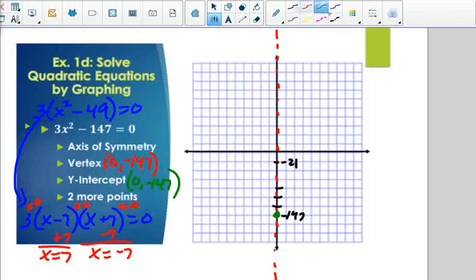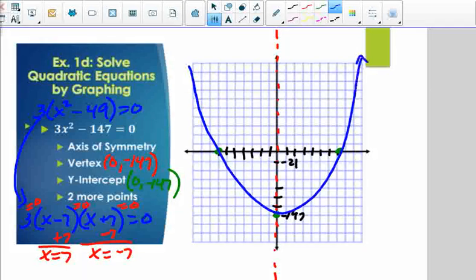If I come over to my graph now, here we go, 1, 2, 3, 4, 5, 6, 7, negative 1, negative 2, negative 3, negative 4, negative 5, negative 6, negative 7. Now I can plot those. These are my zeros, my roots, my x-intercepts. So if I put a point at positive 7 and a negative 7, I have 3 points that I can draw my parabola.